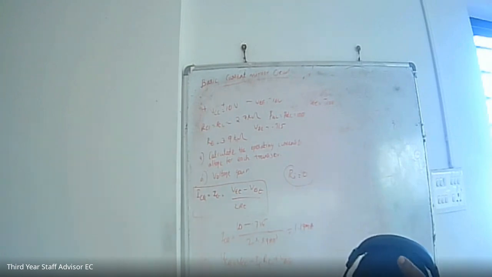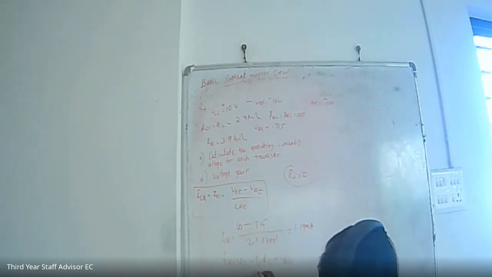So what is its value? VCC value is 10, so substitute 10. And ICRC, what is IC? IC value is equal to 1.19 milliampere. Here VCC equal to 10 minus 1.19 into 10 raised to minus 3 ampere into RC value.